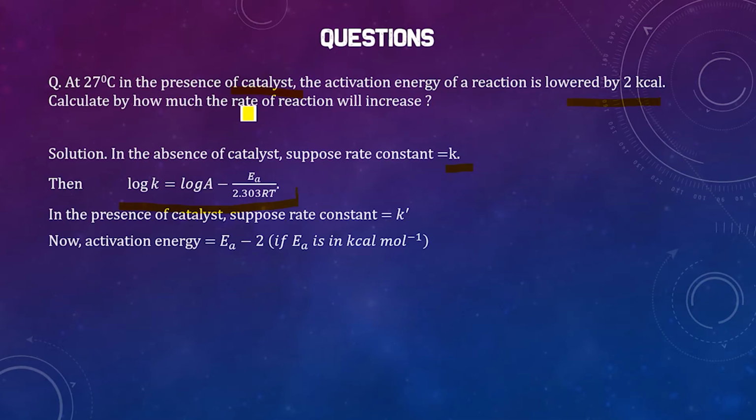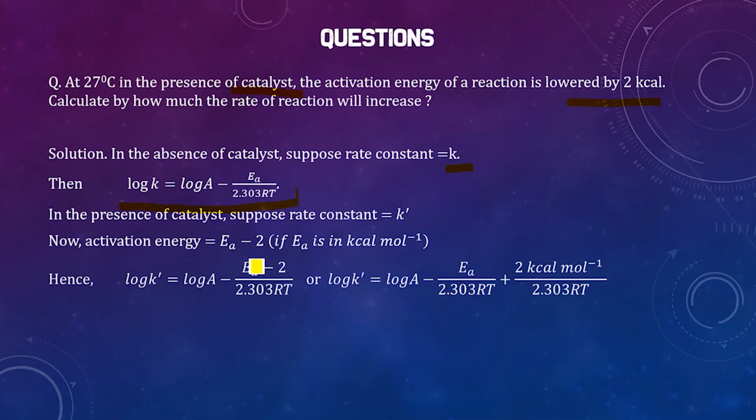Since the question says lowered by 2 kilocalorie, the activation energy is now EA minus 2. So instead of EA, I put EA minus 2 upon 2.303 RT.